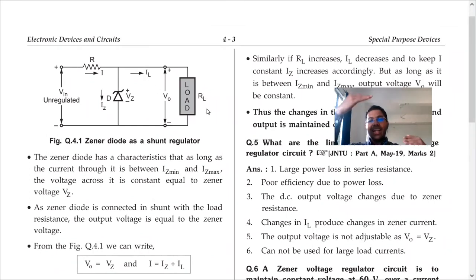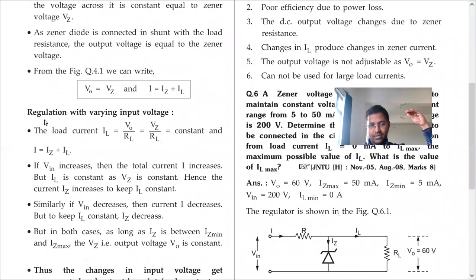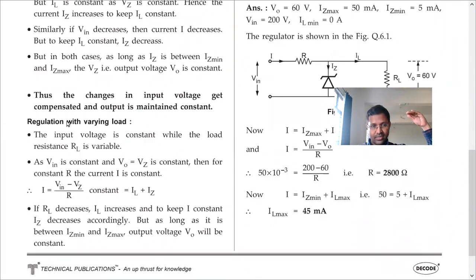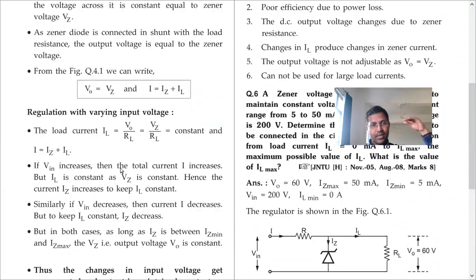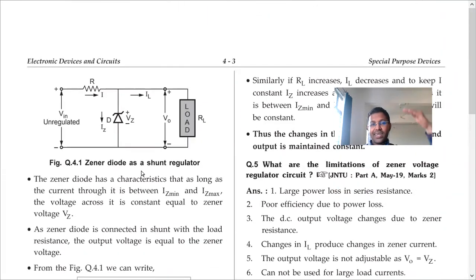So when RL reduces, keeping Vin constant, in the second case, Vin is constant obviously, and Vz is constant, property of Zener diode. So Vz is V naught. So V naught is also constant. So when RL reduces, IL has to increase.